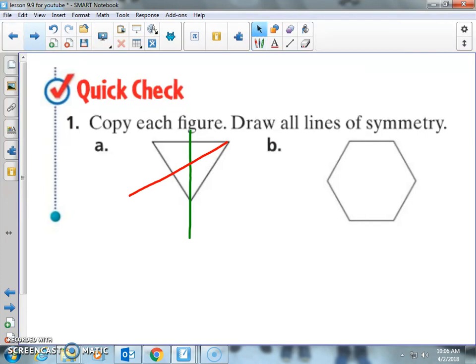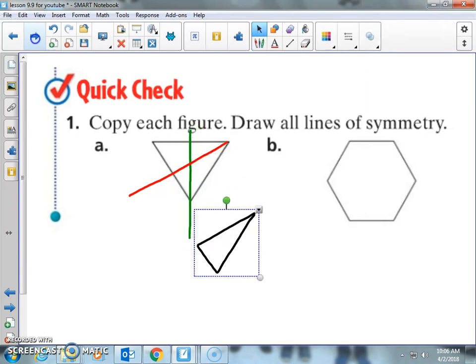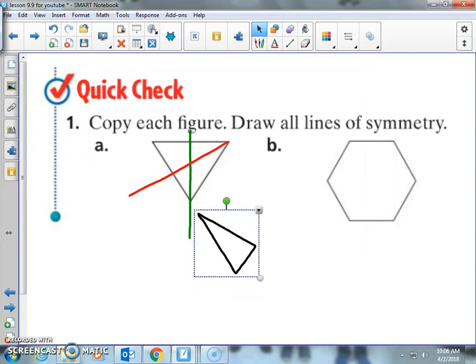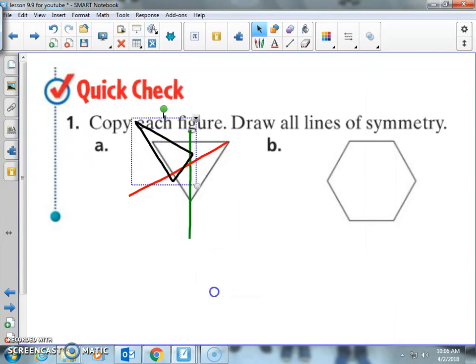But if we look closer, and let's see, maybe I'll trace it like this in black. Trace that half. Now if I take that and I flip it, and then try to match it up over here, it comes close, but it doesn't match perfectly.